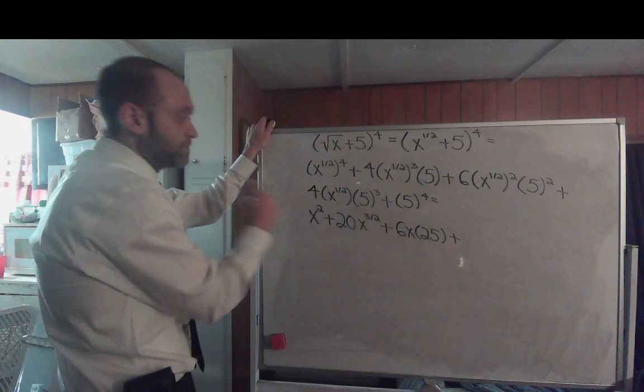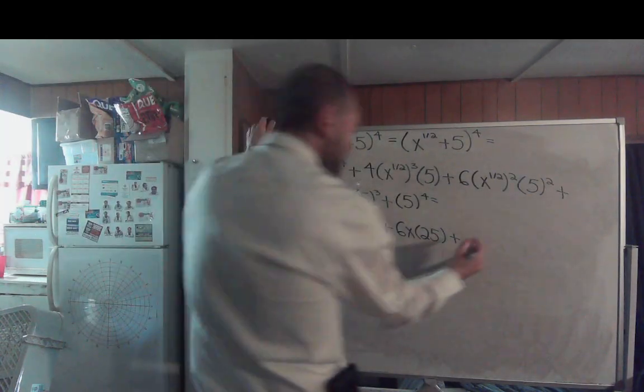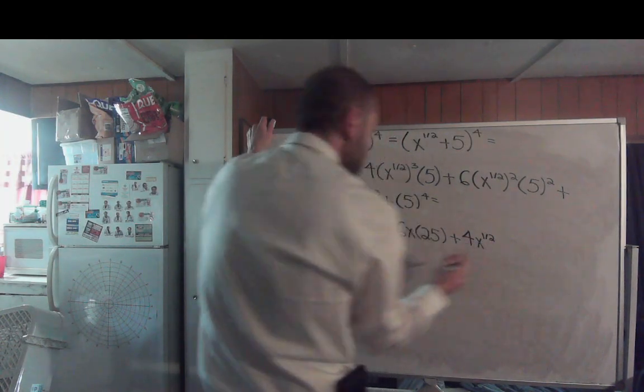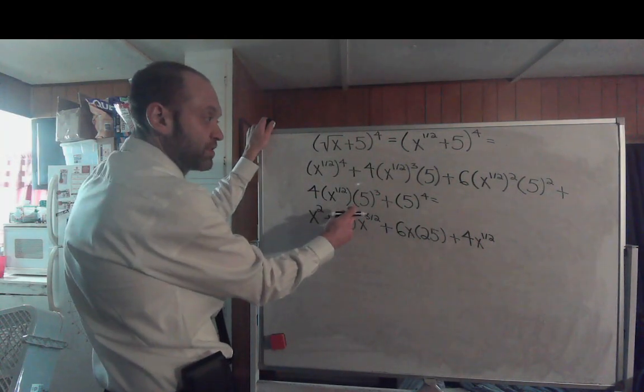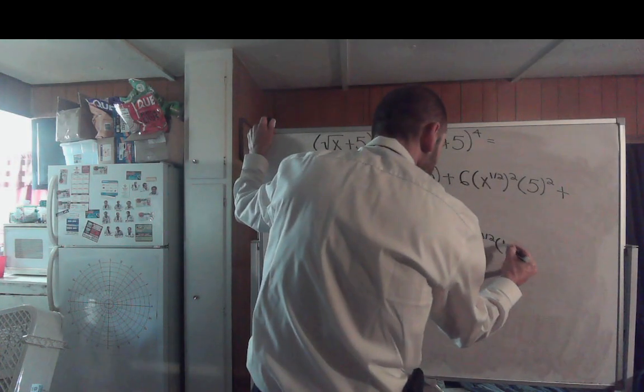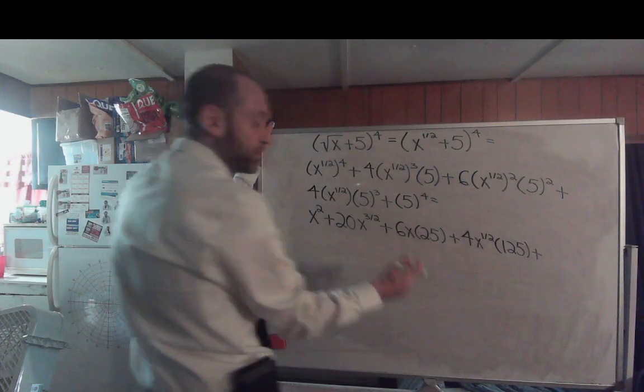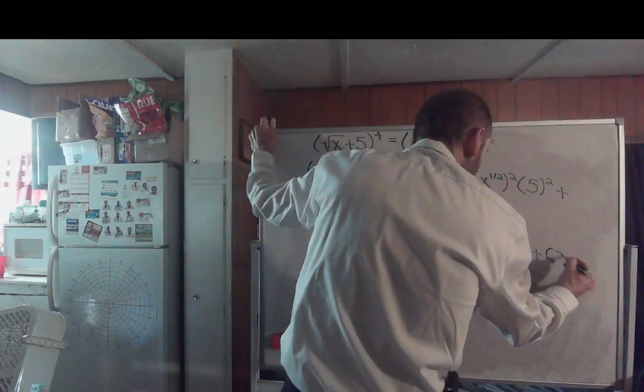Plus 4x to the 1/2 is indeed 4x to the 1/2 times that 5 to the third, well, that's times 125, plus that 5 to the fourth, that's 625.